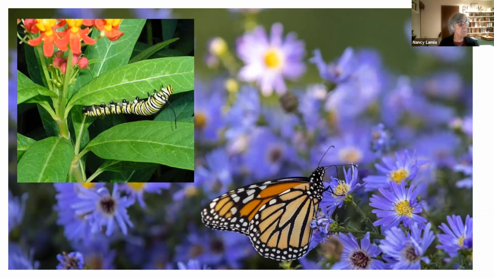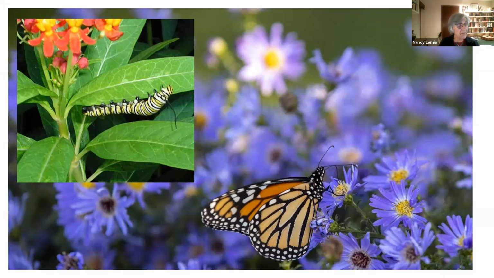Our birds must have insects to survive. Insects must have plants they can eat, but they can't eat the grass in our lawns. They can't eat plants that we brought in from far away.